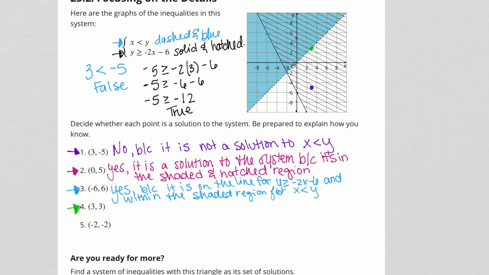No. Oh, I did it wrong. It's not shaded. It's in the hatched region, but isn't it on the line? It's on the dashed line. So if it's on the dashed line, it's not a solution. So no, because it is on the dashed line.